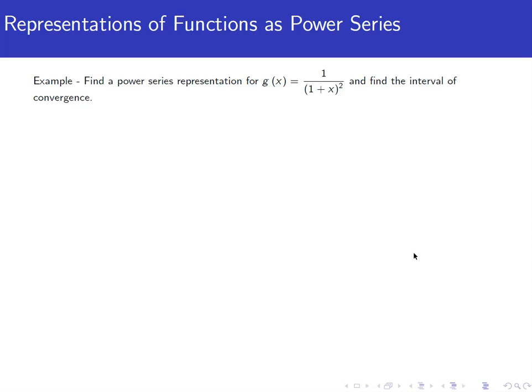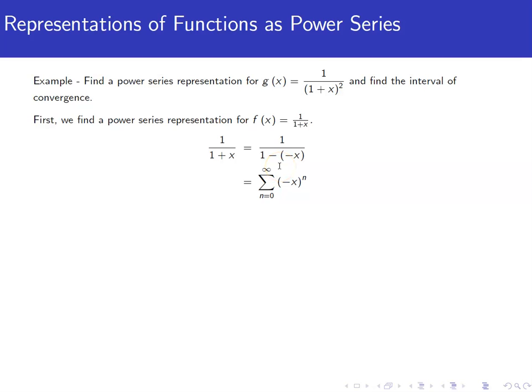So let's see if we can find a power series representation for 1 over 1 plus x quantity squared. So first, we'll start with a power series representation for 1 over 1 plus x. 1 over 1 plus x is the same thing as 1 over 1 minus a negative x. This looks like our geometric series, except we have negative x plugged in for x.